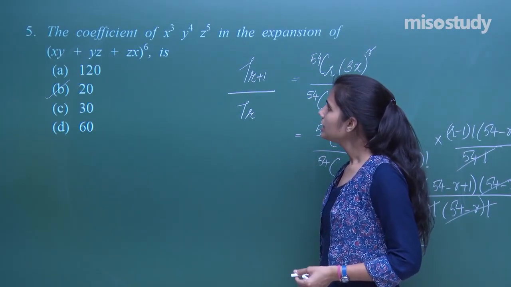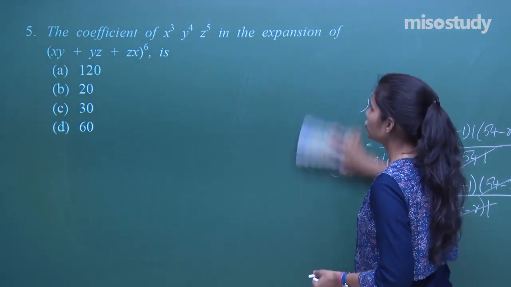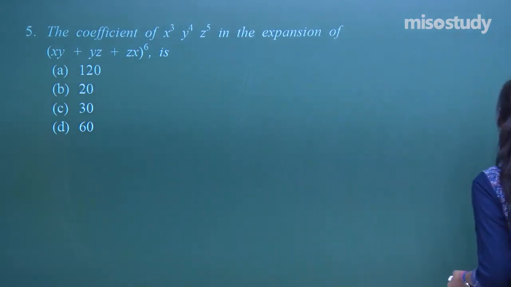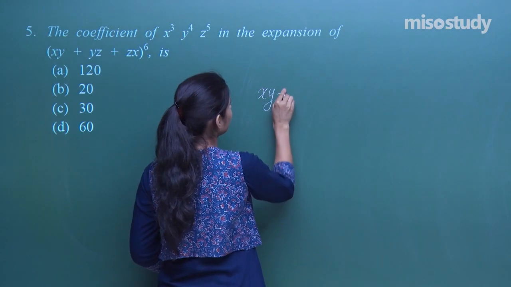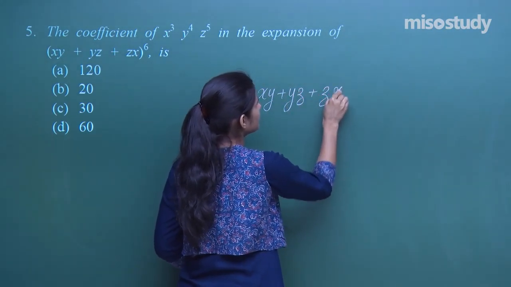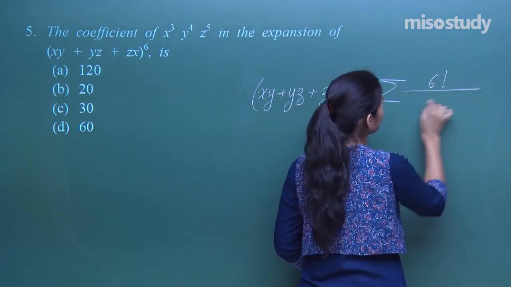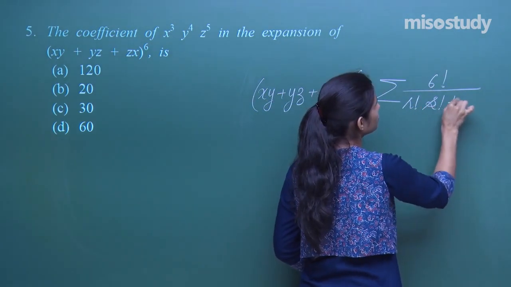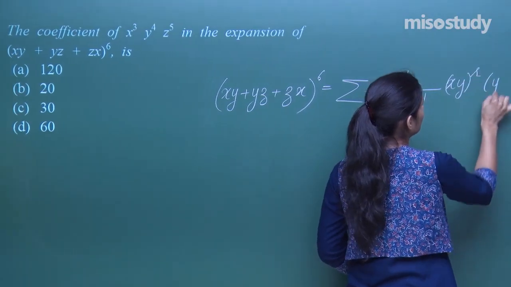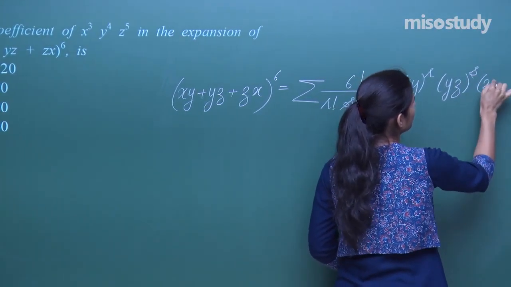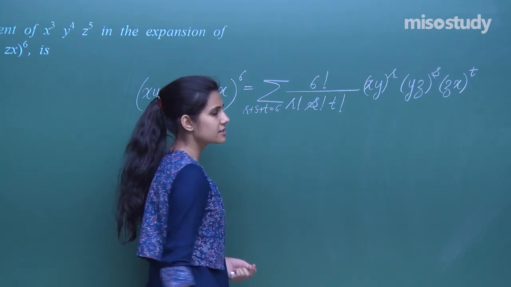Next we have the coefficient of x cube y to the power 4 z to the power 5 in this expansion. Let's see. Based upon multinomial expansion, the concepts should be very, very clear. You should know that (xy plus yz plus zx) whole to the power 6 is equal to summation 6 factorial upon r factorial into s factorial into t factorial, (xy) to the power r, (yz) to the power s, and (zx) to the power t, such that r plus s plus t is 6.